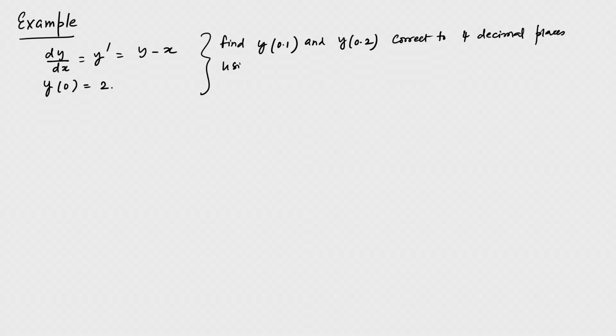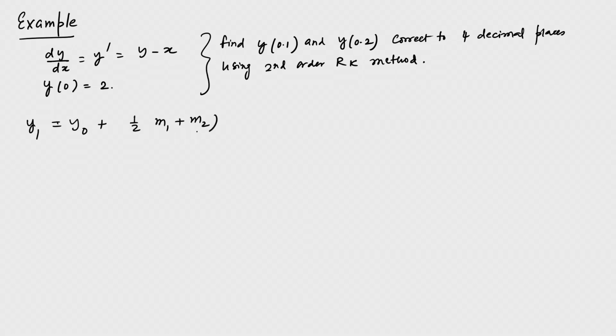Places using a second order RK method. Okay. This you have seen, just for the practice I am including this. So, I will do y1 equal to y0 plus a half (m1 plus m2) into h.